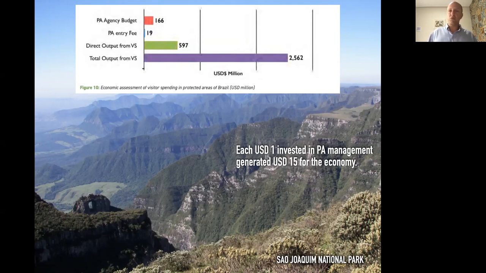With this information, protected area management in Brazil could say that for each $1 invested in protected area management, $15 was generated for the Brazilian economy. And that information was really important for the protected area agency in Brazil.